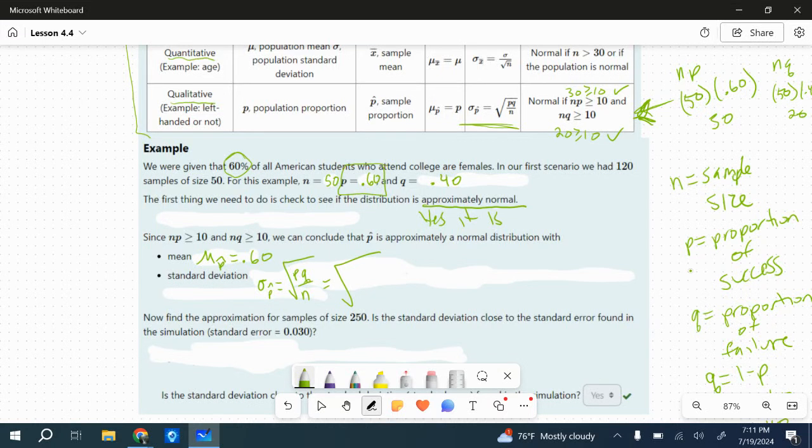The square root of p, which was 0.6, times q, which was 0.4, divided by n, which was 50. When I plug this into my calculator, I want to make sure I'm doing 0.6 times 0.4 divided by 50 and then taking the square root of that whole thing. I use parentheses all the time. So I would hit my square root button, open parentheses, do 0.6 times 0.4 divided by 50, and close the parentheses. That's how I would do this one, and I got a standard deviation of 0.069.